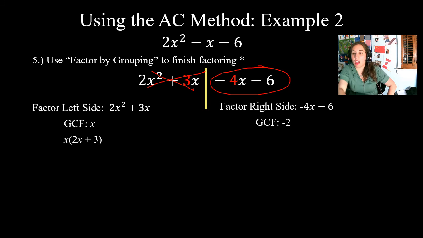So when I factor that out, I wind up with 2x plus 3. And when I write the factorization of that, I get -2 times 2x plus 3. Okay? And again, if you're not comfortable with jumping from here to here, then you need to pause the video, take this -4x minus 6 and divide each term by your GCF, by -2, see what you get and do it out the long way, okay?